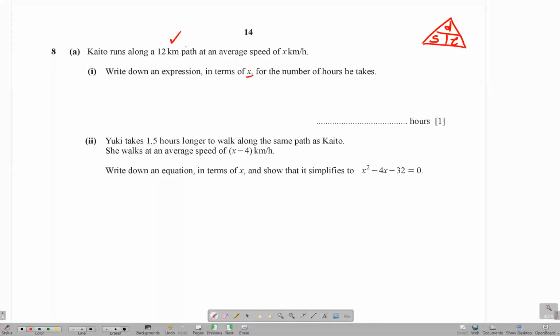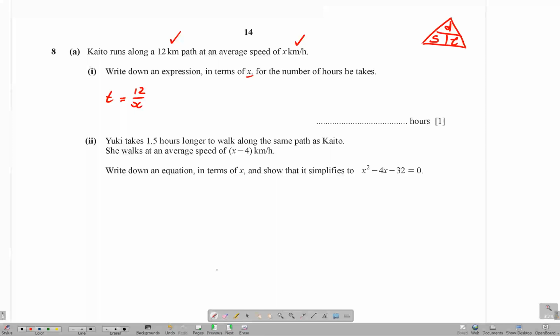We have the distance, D, and the average speed in terms of X. The number of hours is just T, so T is equal to distance over speed. The distance is 12, and the speed is X. So in terms of X, my time is equal to 12 divided by X.